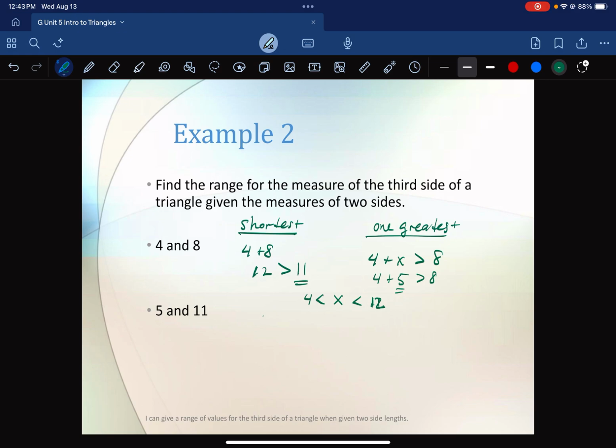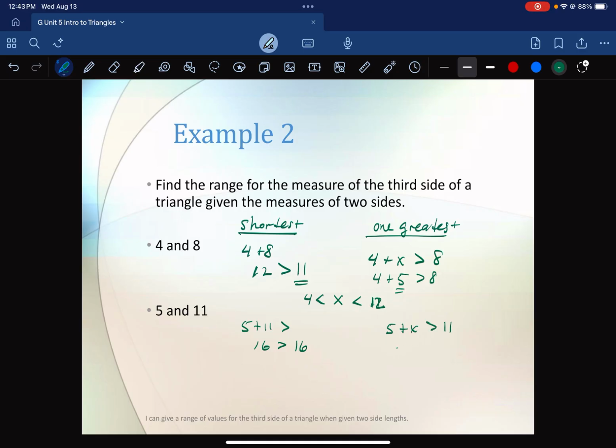So if I've got 5 and 11, 5 plus 11 is 16. So that third side's got to be slightly less than 16. Okay. And then if 11's the greatest side, 5 plus x has to be greater than 11.